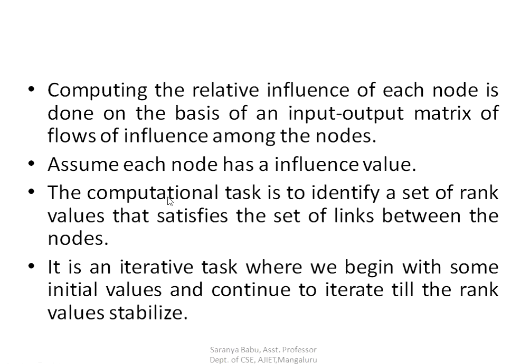It is an iterative task where we begin with some initial values, some starting values, and we continue to iterate till the rank values get stabilized. The iterations are based on that matrix.